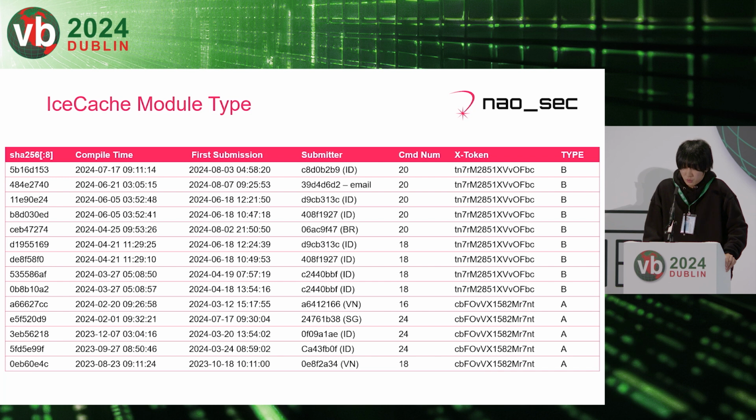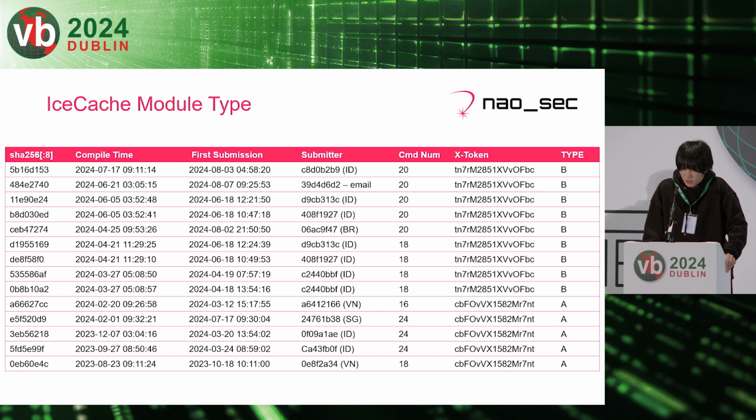The first sample we are aware of was compiled in August 2023 and submitted to VirusTotal in October. Since there is no discrepancy between the compile time and the first submission, we think the dates are reliable. Many new samples have also been found since 2024.